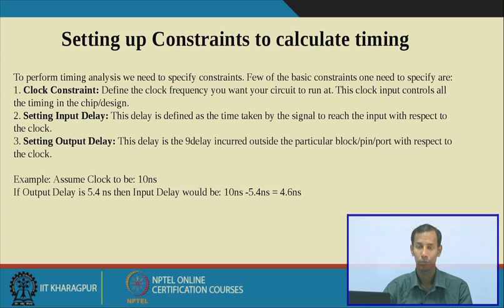As we change the clock period, we are constraining the clock. So here we define the clock frequency at which you want your circuit to run. This clock input controls all the timing in the chip or the design. You might also recall that we set the input delay and output delay, the rise time and fall time, as 0.1, which affects the overall clock period requirement.